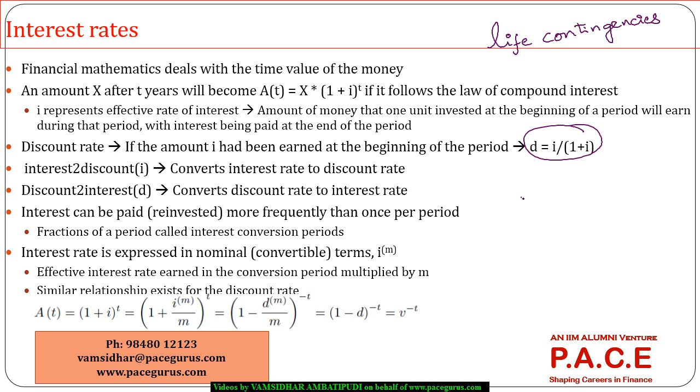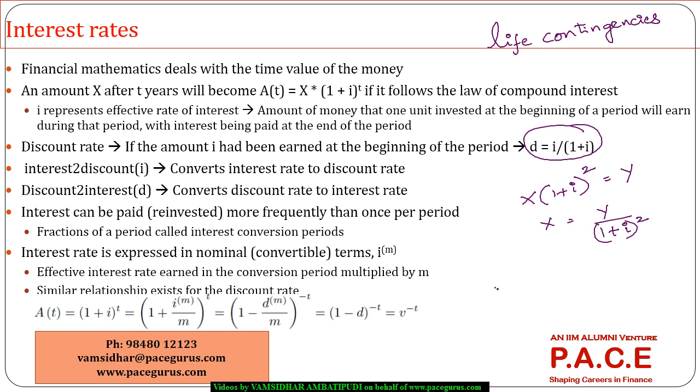So what we have done, x into 1 plus i squared is equal to y. 100 into 1.05 squared is equal to y. So x would have been simply y by 1 plus i squared.